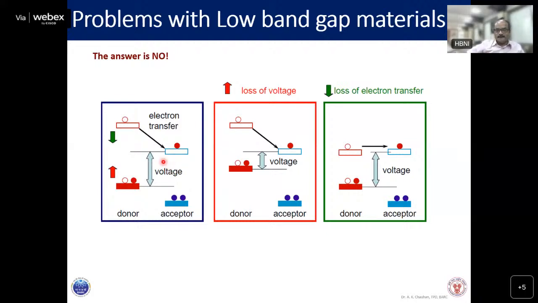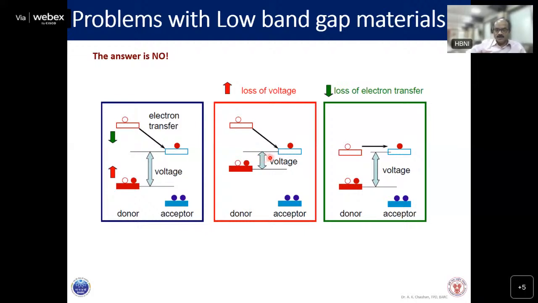So suppose now you try to reduce the band gap as low as possible. What will happen? These levels will come very close to each other. So what will you effectively lose? You will lose the voltage.